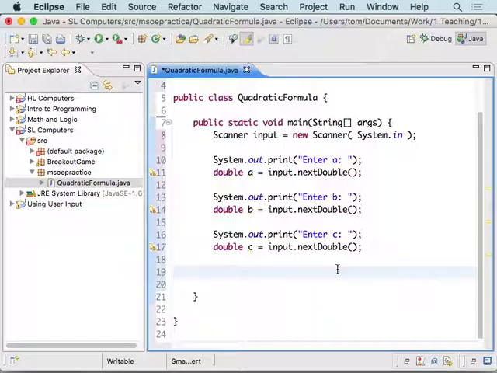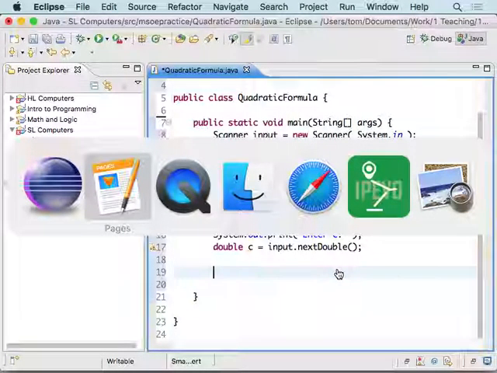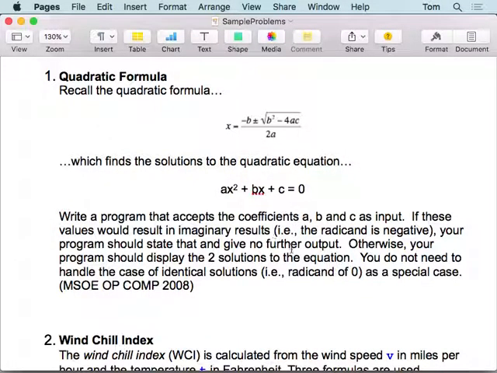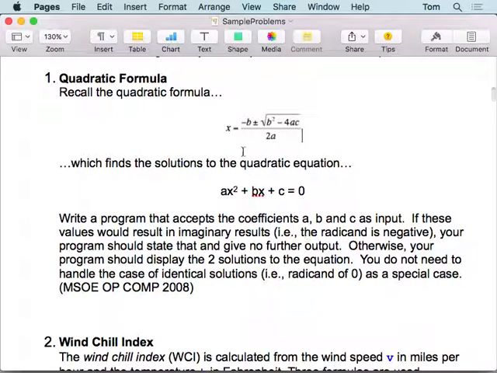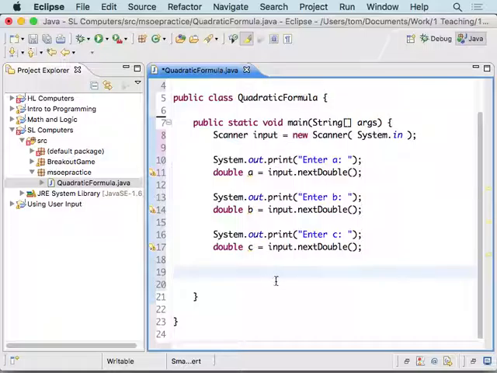So we've done kind of part of the problem already, and if we go back to the problem descriptor here, we can see that we're supposed to check to see if the values would result in imaginary results, which happens when the radicand or the determinant is negative. So let's go ahead and create another double variable.